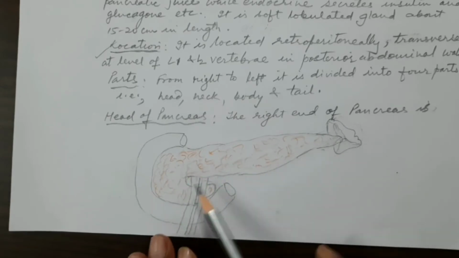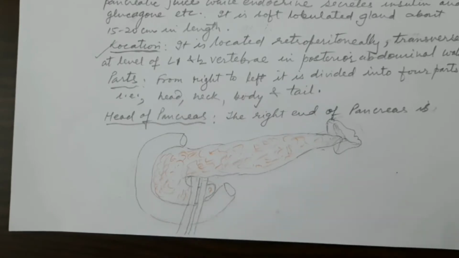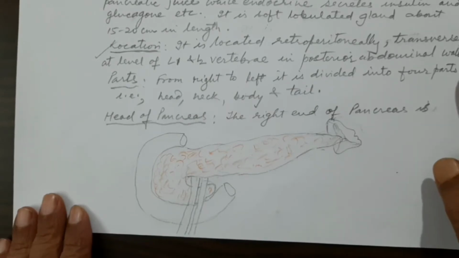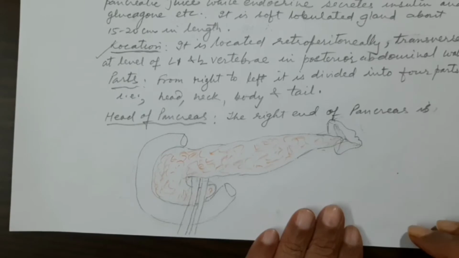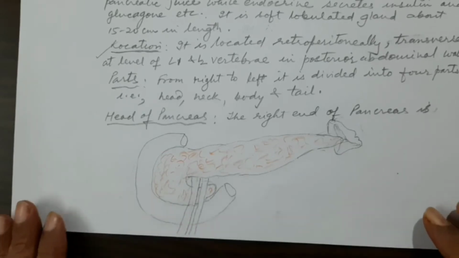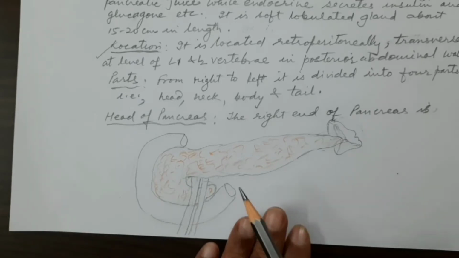So from right to left it is divided into 4 different parts, and it is horizontally placed in front of the lumbar first and lumbar second vertebrae, close to the posterior abdominal wall. Let us come to the head of the pancreas now.